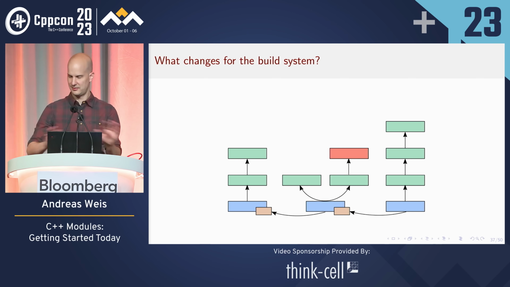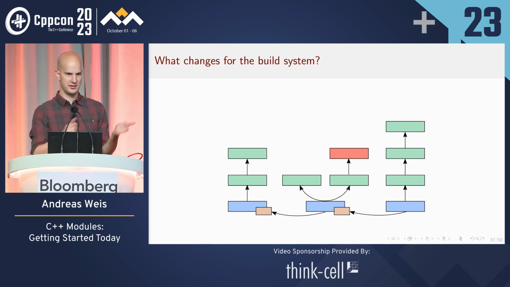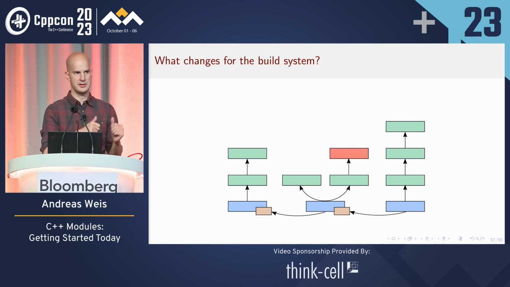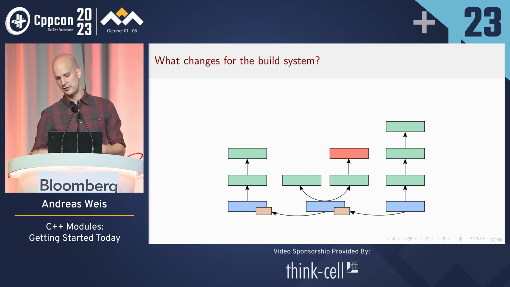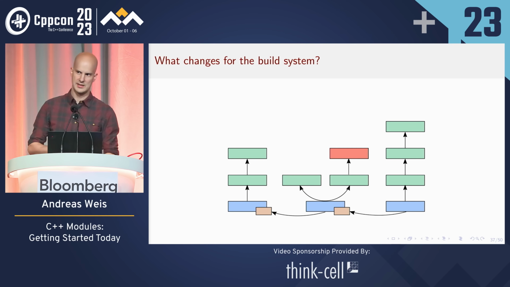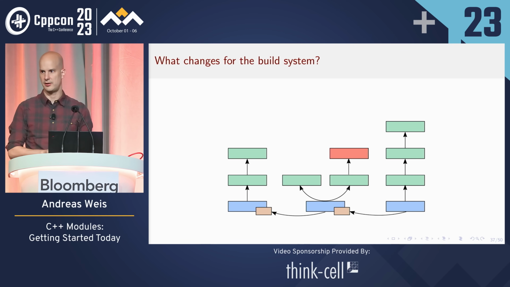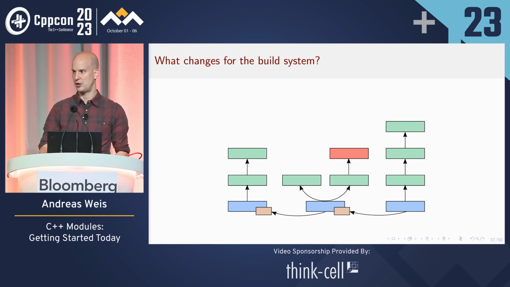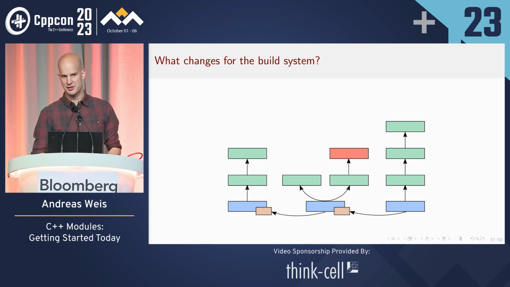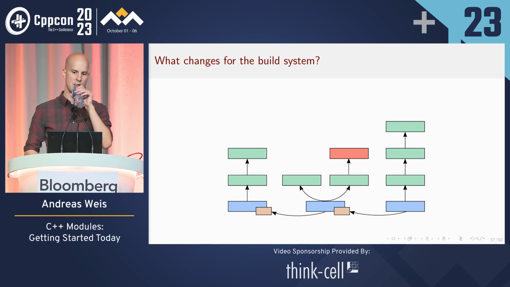In really simplified terms, this is what the build system has to do. This is the difficult stuff to figure out. So if you wonder why your favorite build system doesn't support modules yet, and will it ever support it, this is what it needs to figure out, right? So if you want to maybe submit a patch to your favorite build system, think about how to solve this.